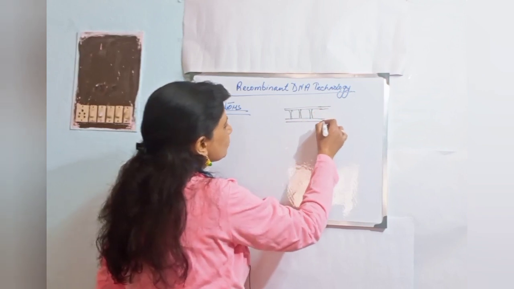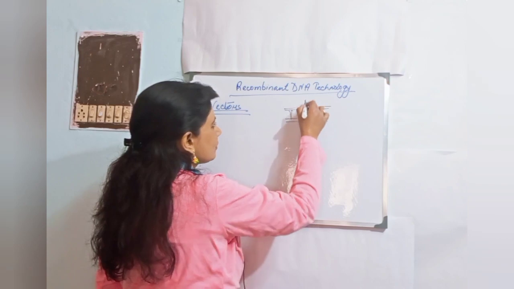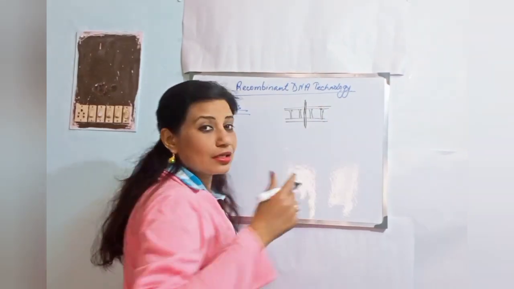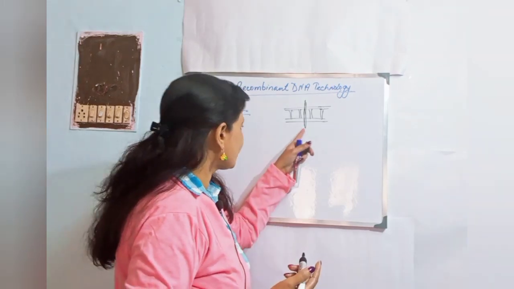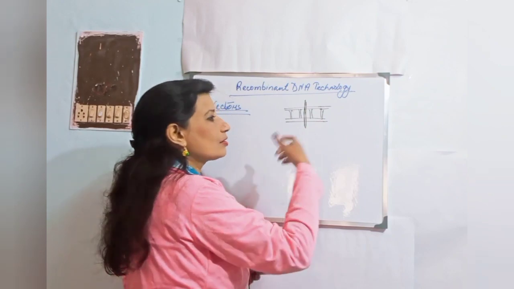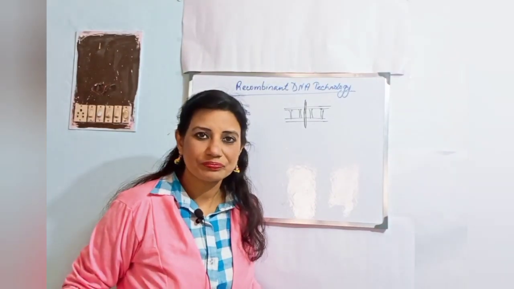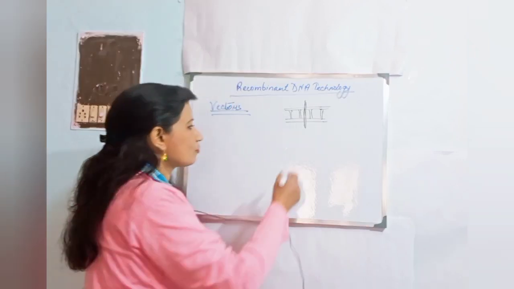What I need to do is cut at this point, the cleavage. As I have said earlier, restriction digestion will take place where it will be cleaving, and this part will be cleaved and attached to some other part. That delivering system is a vector.